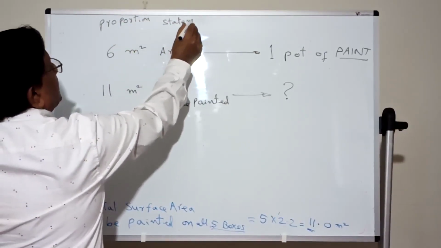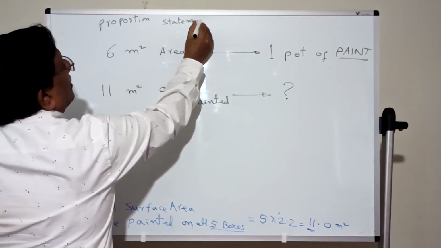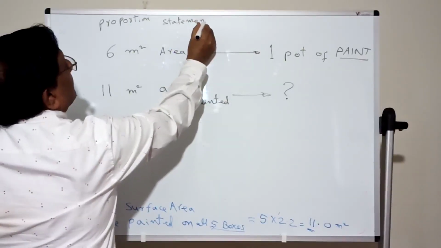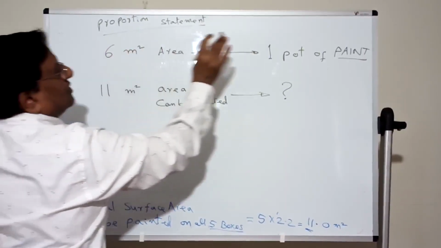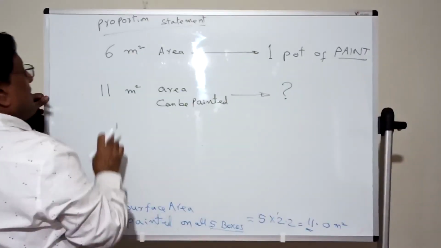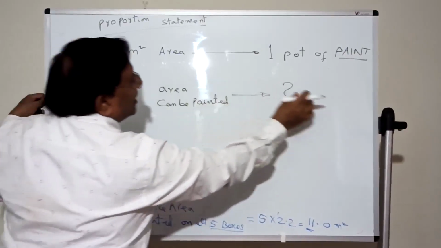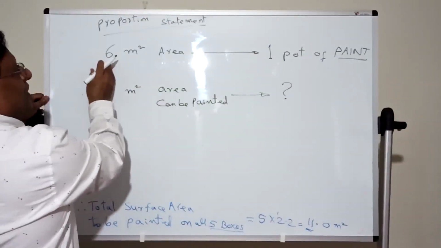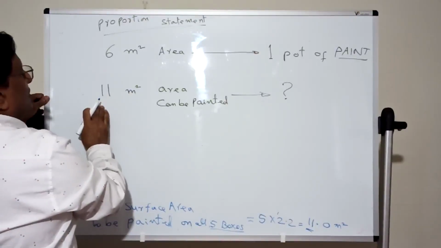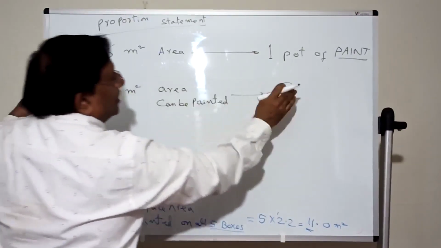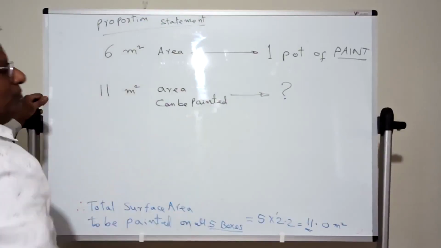Proportion statement is a lifelong mathematical skill. That means for 6 pounds, 10 kilos. For 11 pounds, how many kilos? Or 6 bananas for 1 pound, 15 bananas, how many pounds? Something like that. This is always proportion.